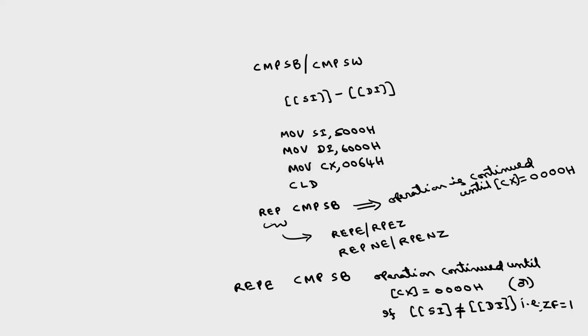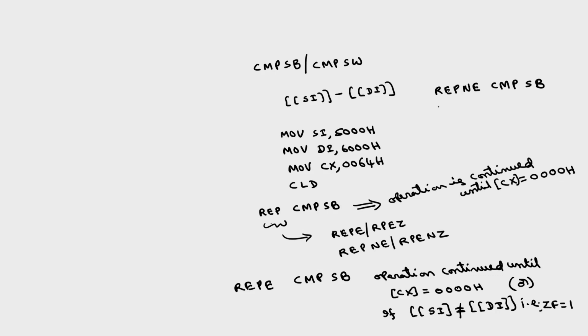That is the additional thing in case of repeat equal. Similarly, if I write repeat not equal, compare string byte, then this is the reverse operation. The operation will be continued until CX is equal to 0000, and if these two are not equal.